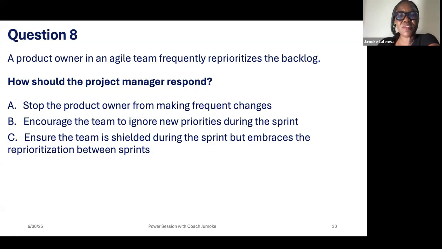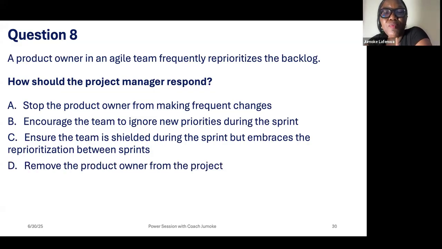B, encourage the team to ignore new priorities during the sprint. C, ensure the team is shielded during the sprint but embraces the reprioritization between sprints. D, remove the product owner from the project.